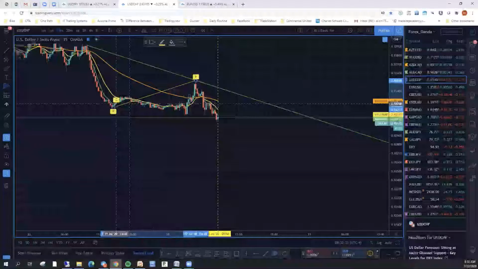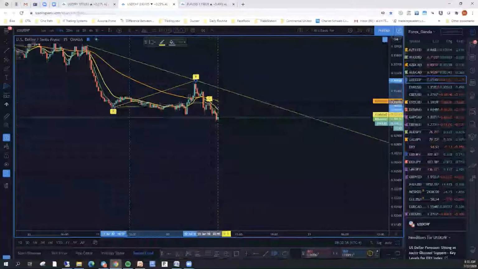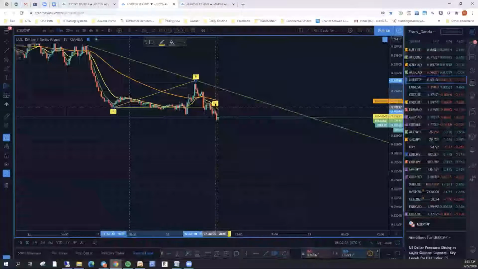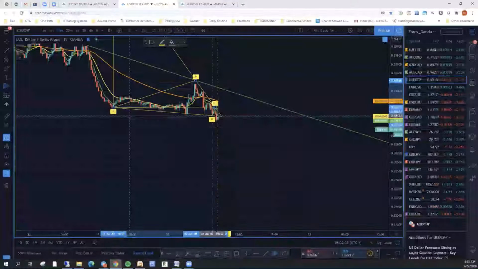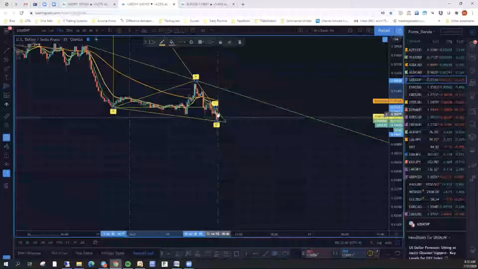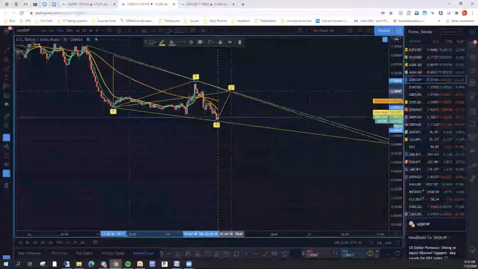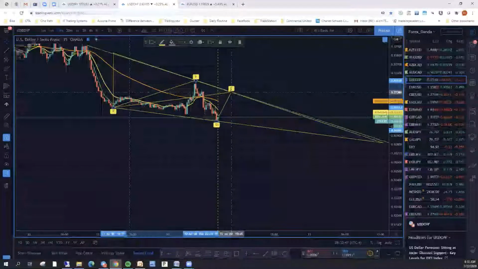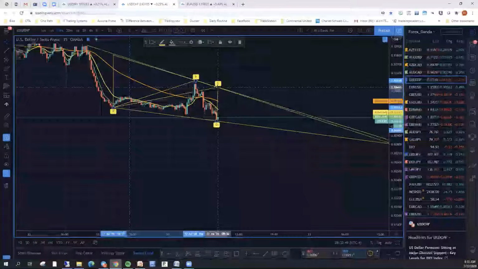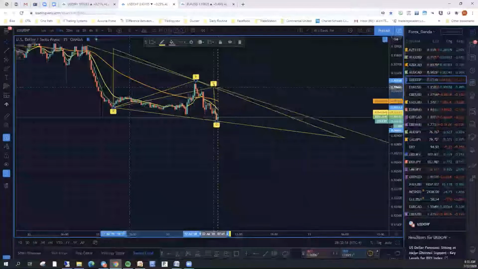I'd like to try and still stay within the realm of where the wedge was. I don't like that C there too much. I'm just going to bring that C right in line with the top of this top trend line.